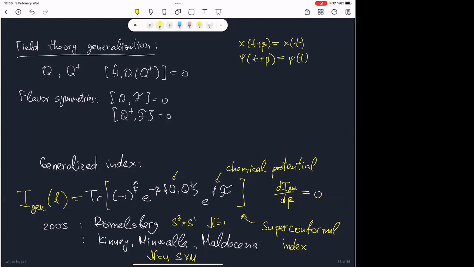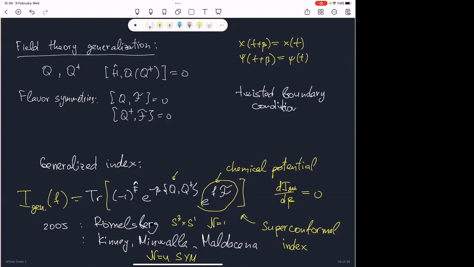Now one needs to be careful because we have such a piece here, this e^{Fφ}. So one needs to use twisted boundary conditions, both for fermions and for bosons.